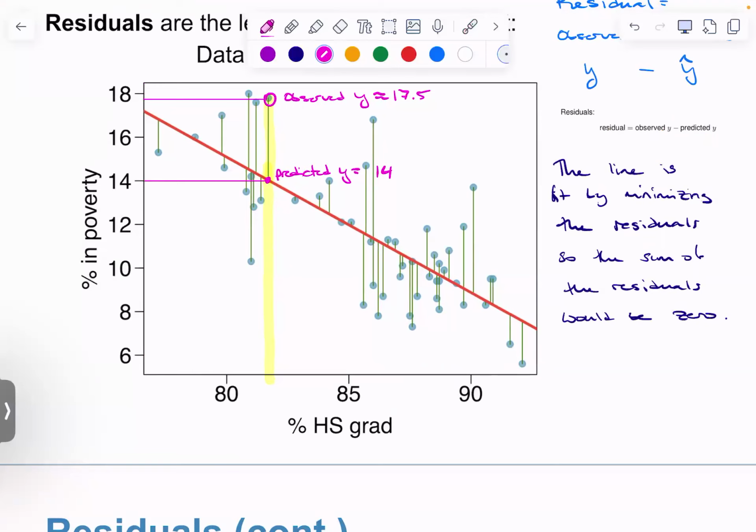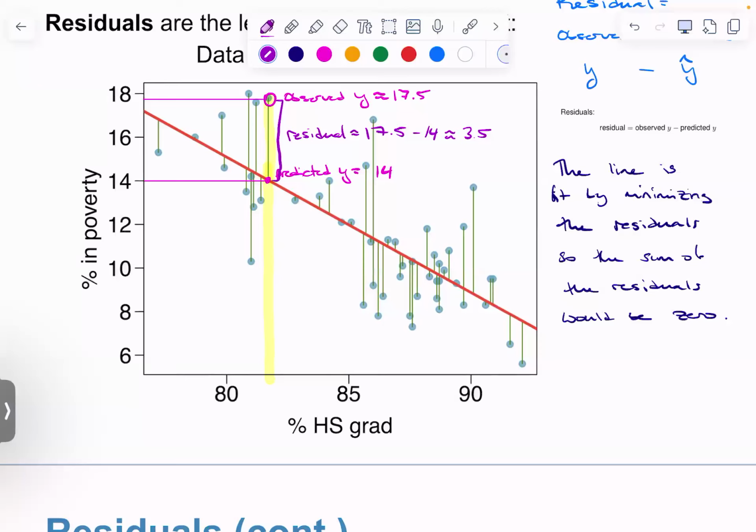And so that tells me that this distance here, the residual, is 17.5 minus 14-ish, which approximately equals, what, 3.5? Okay.